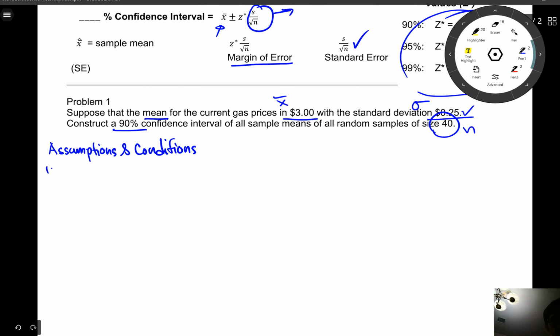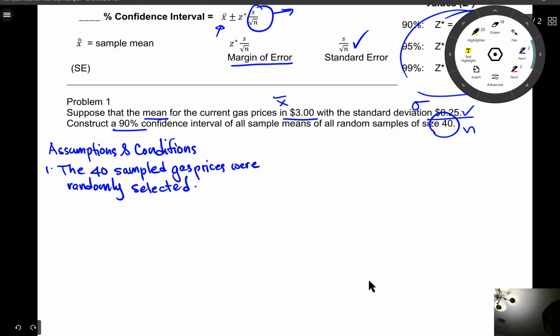The 40 sampled, and then the constant probability, or the less than 10% condition.